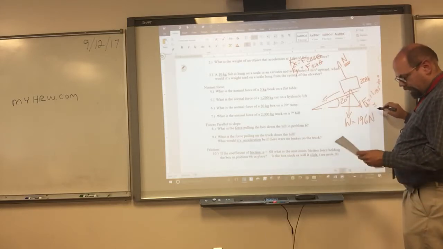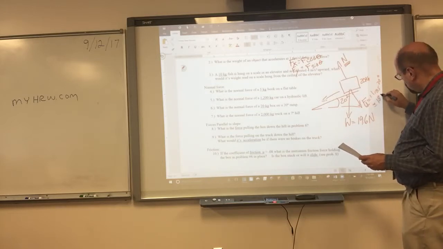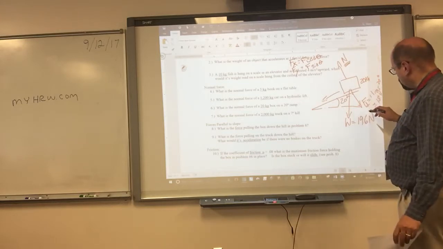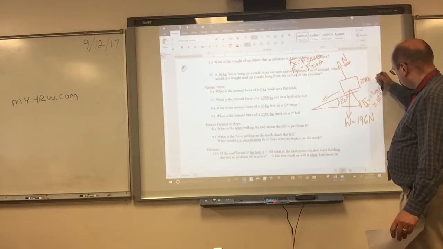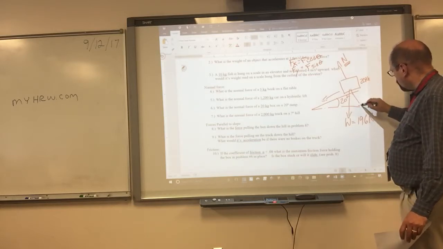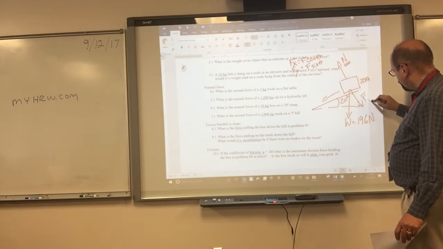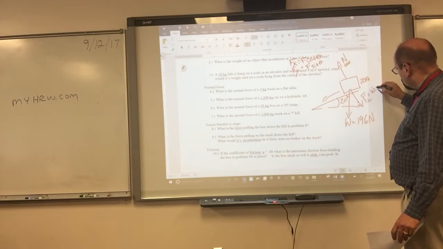Is equal to 18.4. Okay, so 19.6 times the cosine. Let's write this a little more clearly. So this is the force perpendicular, and that's going to be the weight times the cosine of theta.